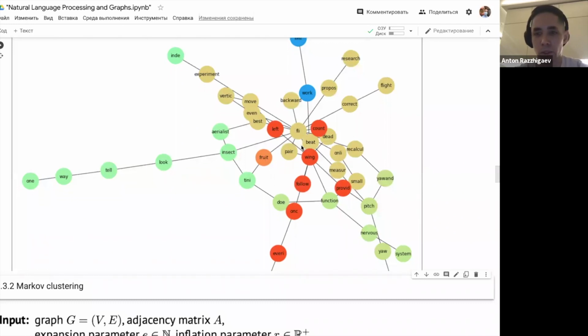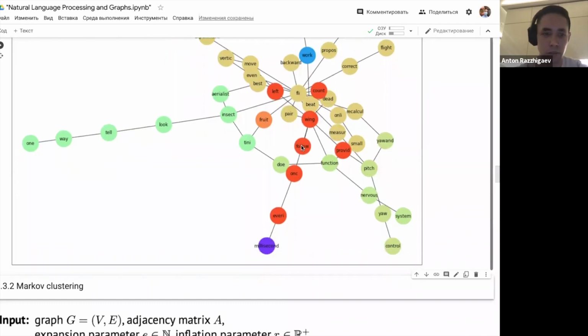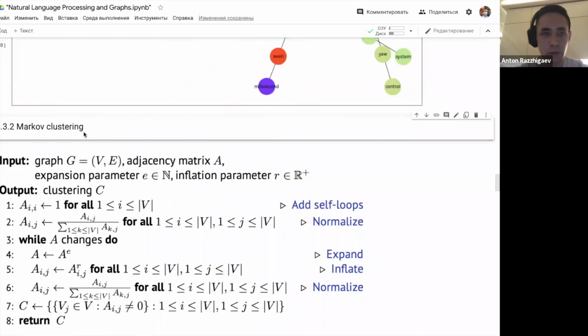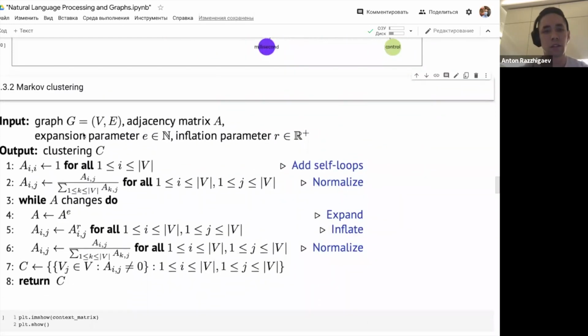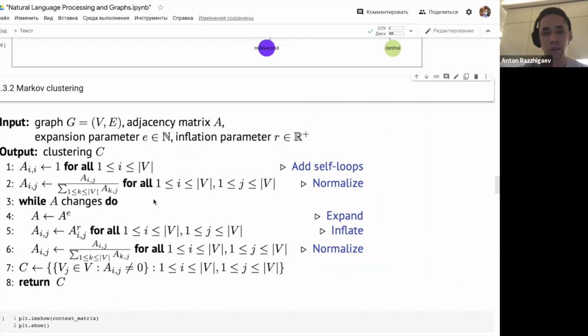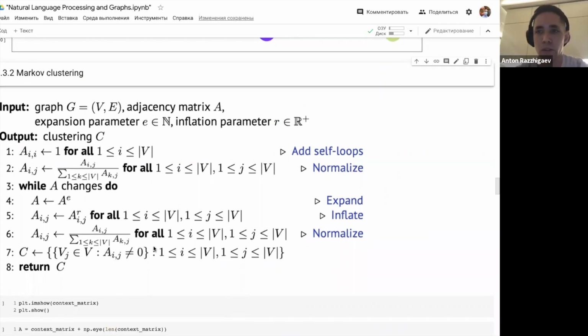Well, let's try another clustering algorithm, Markov clustering. This is also a very simple algorithm which can be performed in just several steps. It takes an adjacency matrix and outputs a matrix of clusters.